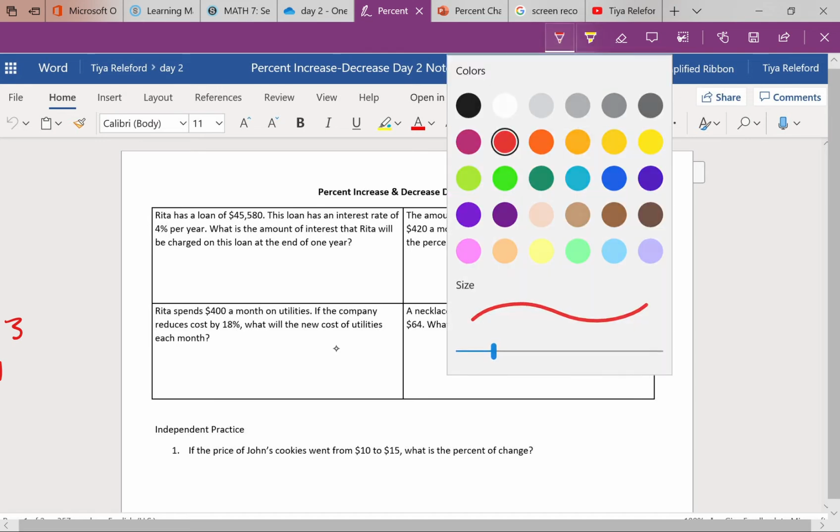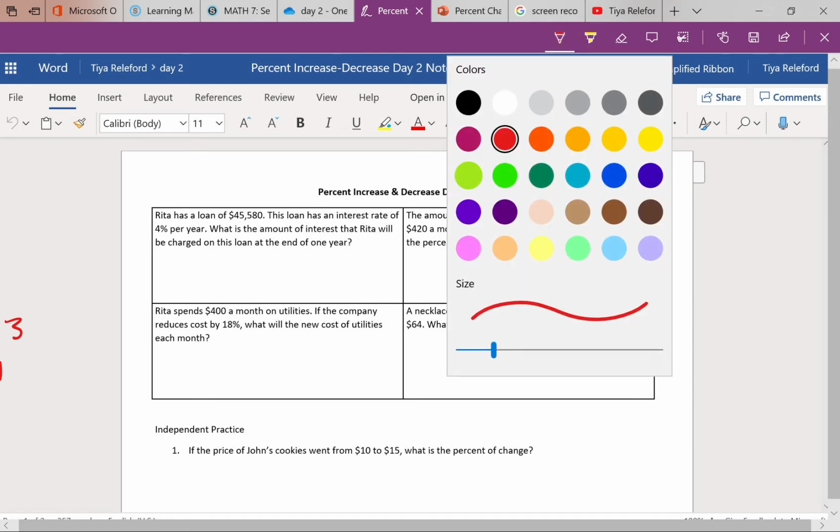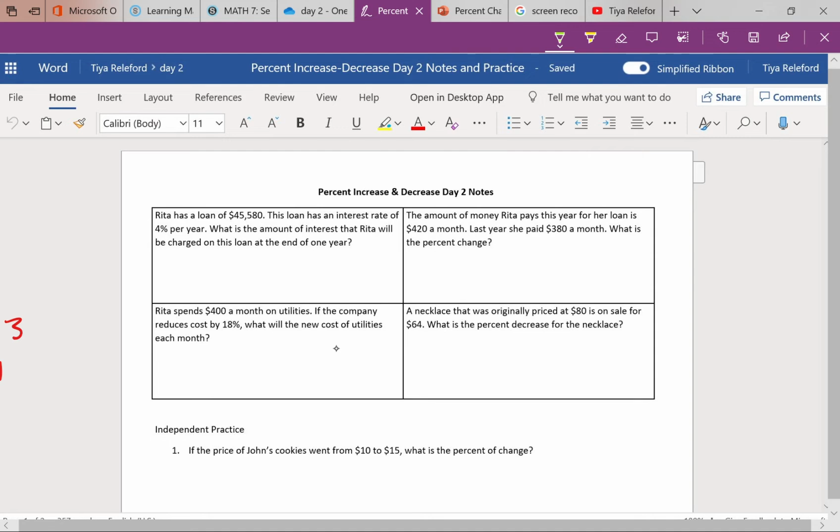So for your information, utilities are like electricity, gas, your air conditioning, your water bill. Those are utilities. The company reduces the cost by 18%. What will the new cost of utilities be each month?